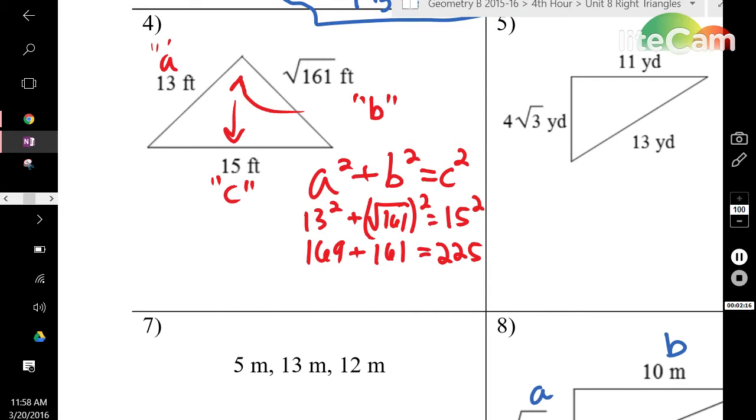Now if I add the two left numbers, 169 plus 161, that's going to be 330, which clearly is not equal to 225. So therefore, it's a false statement, making this not a right triangle.